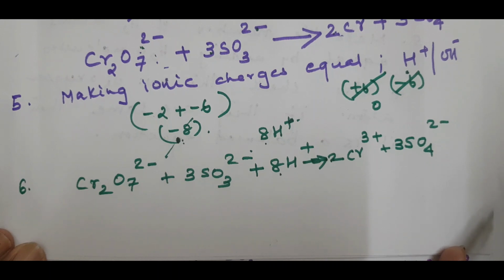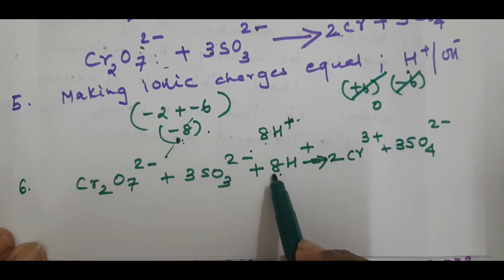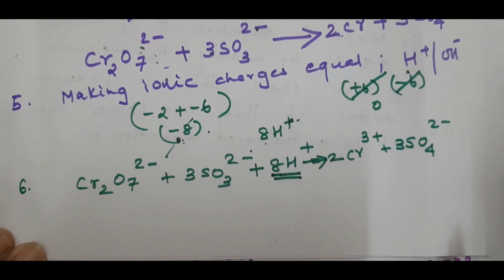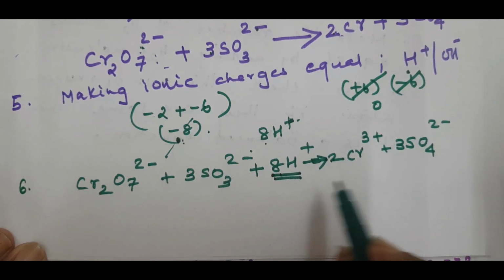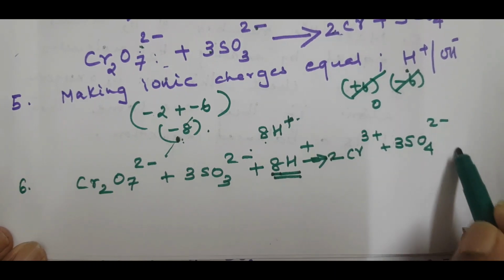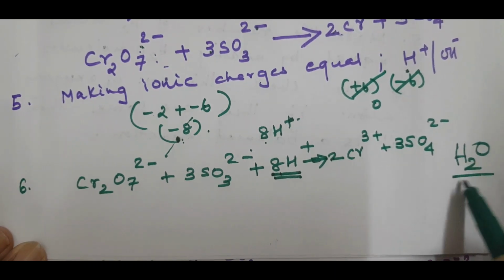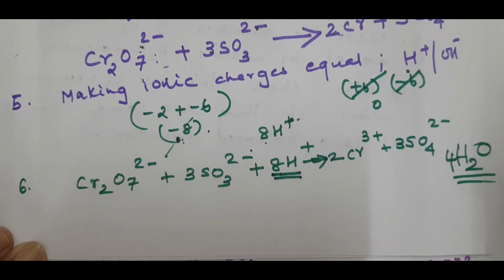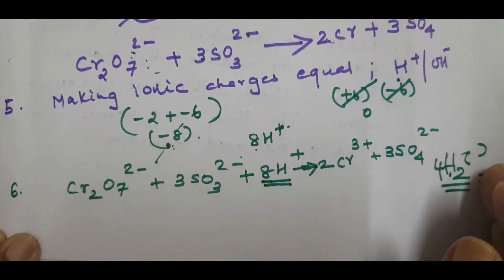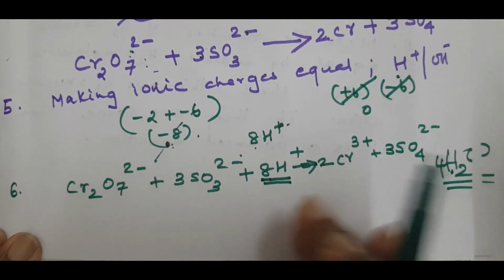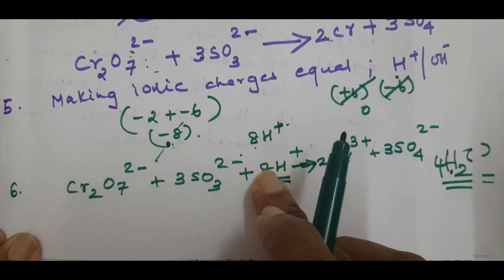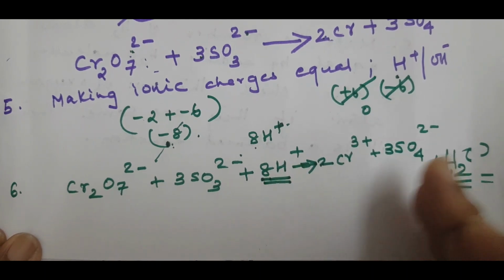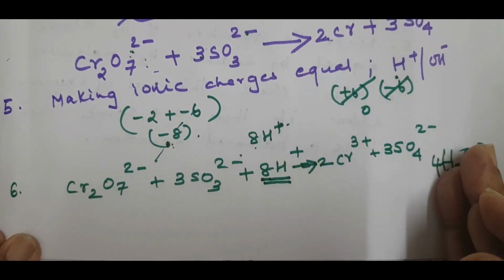Now, as you have said in the rule, you have to count the number of hydrogen atoms. How many hydrogen atoms are there? 8 hydrogen atoms. You have to put those 8 hydrogen atoms in the form of water. So how many water molecules? 4 water molecules, on the right hand side, to counter the hydrogen ions.